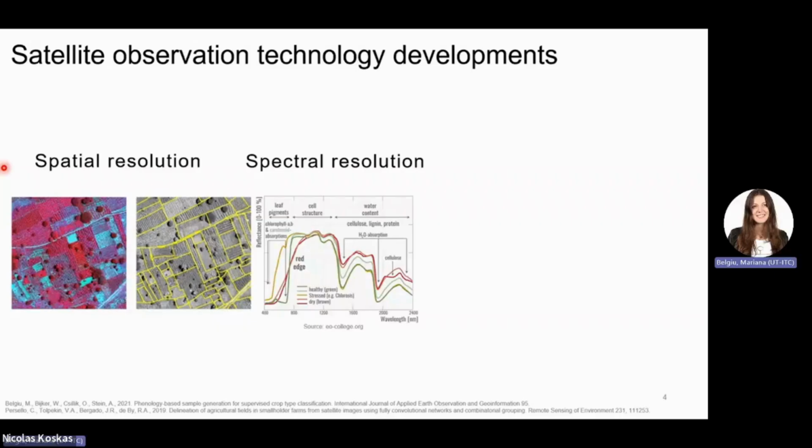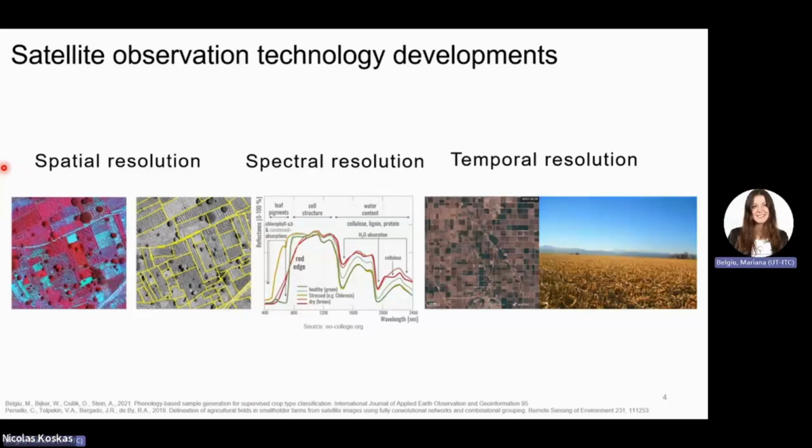With images that have high spectral resolution, which we call hyperspectral, we have more than 200 spectral bands, and these spectral bands allow us to identify the biochemical properties of vegetation.